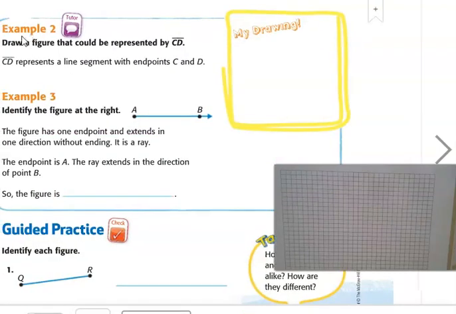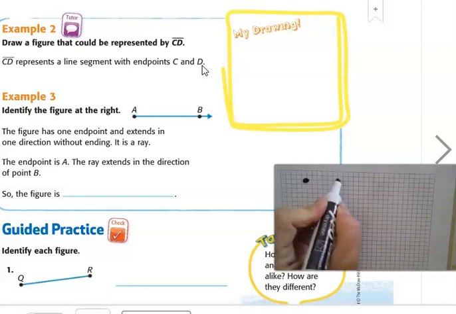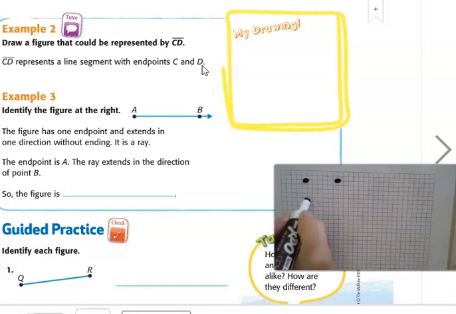Okay, now we're looking at a different drawing. Draw a figure that could be represented by CD. CD represents a line segment with endpoints C and D. So how I would draw that is I would have two endpoints. It doesn't matter how far apart they are. They could be this close together.